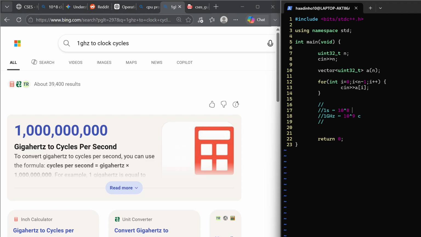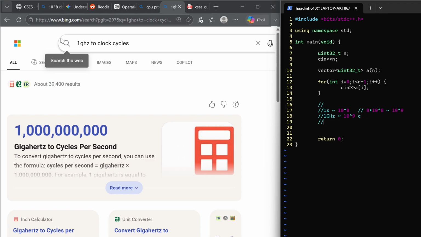In that case it would become 8 into 10 power 8, and no matter how many assembly instructions we have, with this safe number 10 power 8, we can be sure that it's always going to be less than 10 power 9. So it will always be able to execute your entire code for that input size in the 1 second time limit. I hope this made sense.